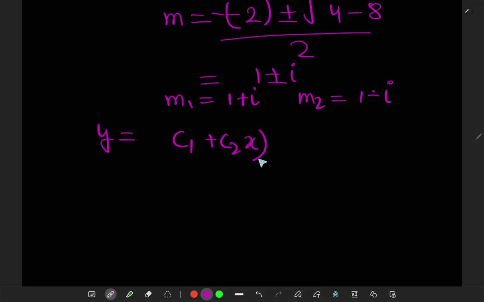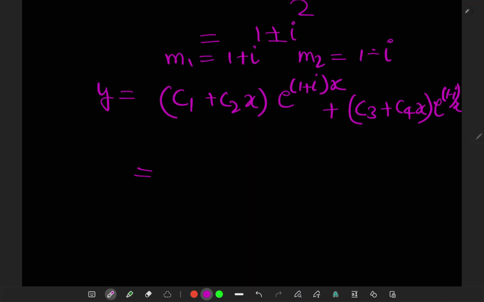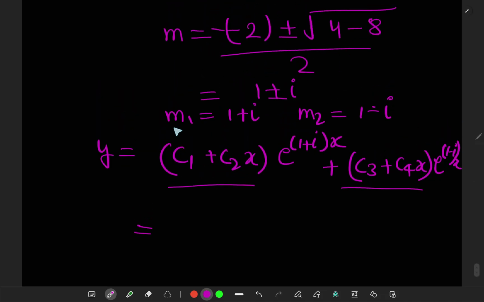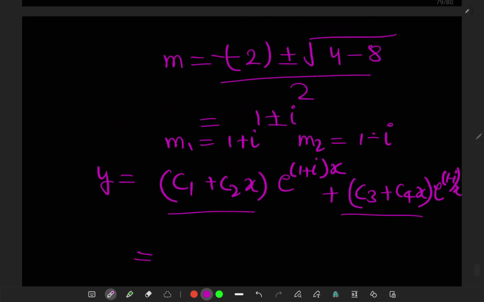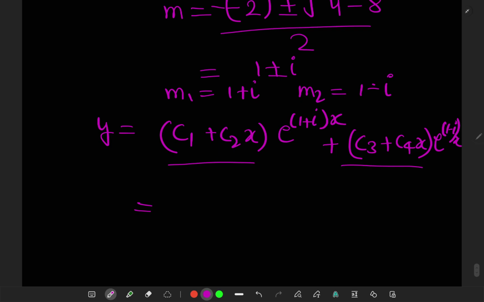So we can write here this. This term comes because this is the value of m only, and here there is a square, so there are two terms that come, that's why we take this value.